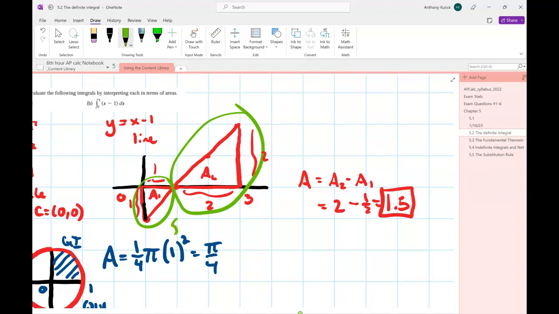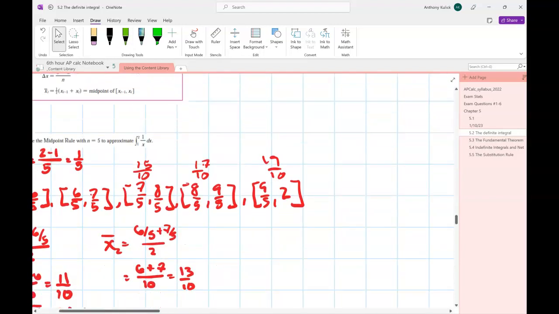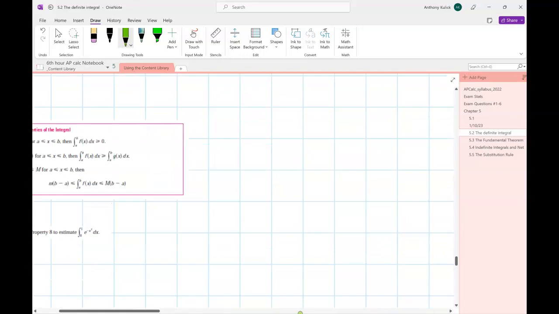This was the integral from 0 to 1, and this was the integral from 1 to 3, and we added them together. That's exactly what I did up here. Super intuitive, right? We did it.